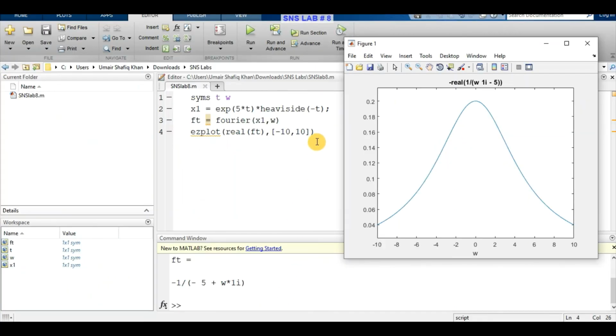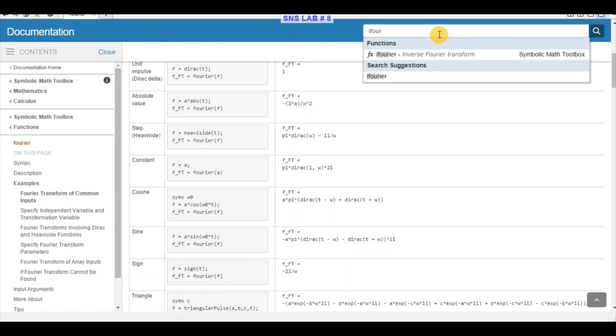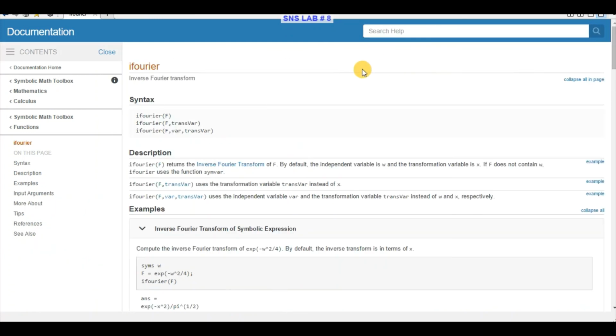Similarly, we can also find the inverse Fourier of this signal, and to find the inverse Fourier we will use the ifourier built-in function. And if we go to the documentation of MATLAB, here we can find the ifourier function, which is used for inverse Fourier transform.